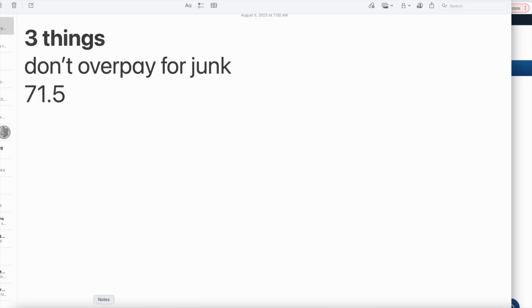So 71.5, so 24.12. In this case, you have to divide by 0.715.